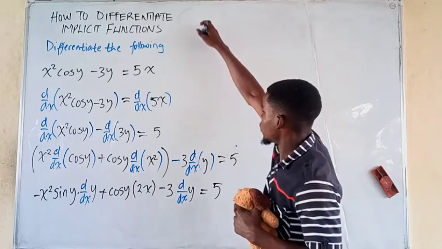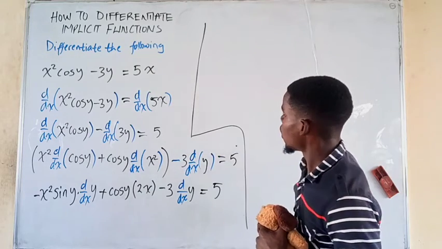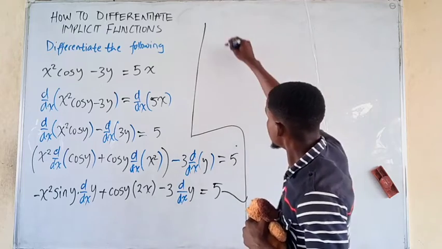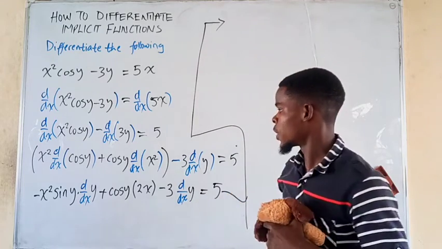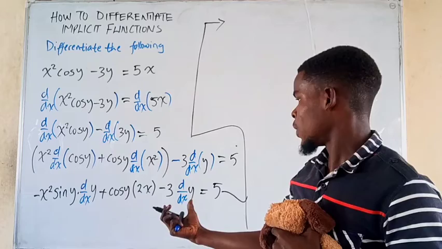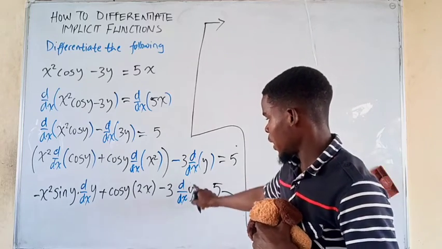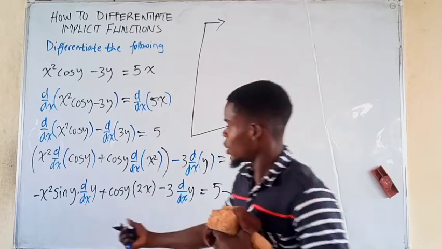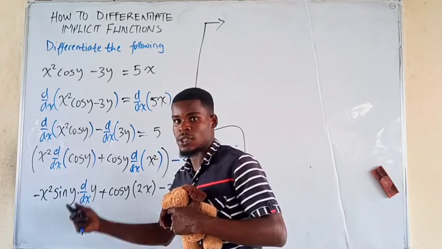So maybe let's just continue over here. Now, I'm going to find dy/dx, which means I'll put everything that is not multiplied with dy/dx on the right-hand side.